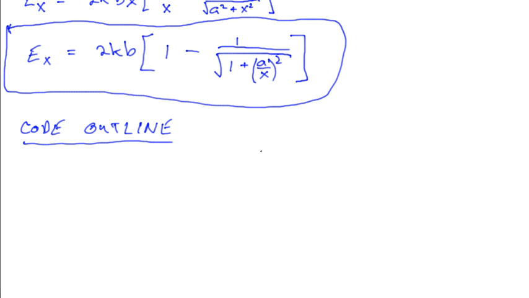Call that one ex function, go e underscore x equals ex of x.